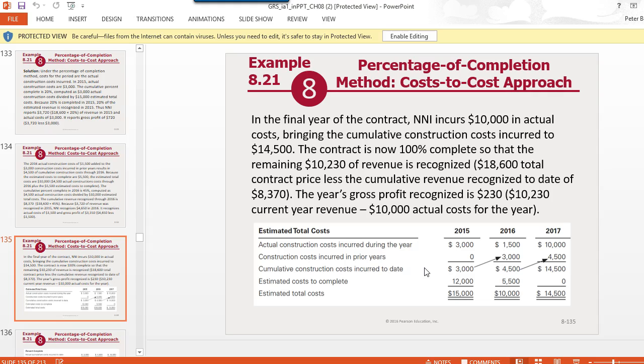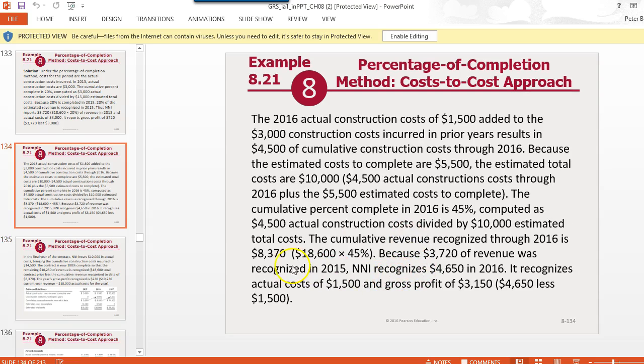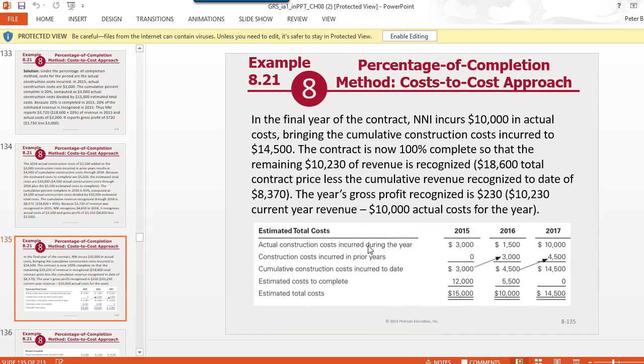Finally, in the final year, we have $10,000 of actual costs, bringing our cumulative construction costs to $14,500. Now the contract is 100% complete, so 100% of 18,600 is 18,600. But we've already recognized 8,370, so there's going to be a difference.